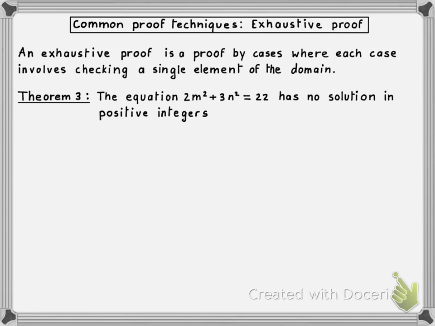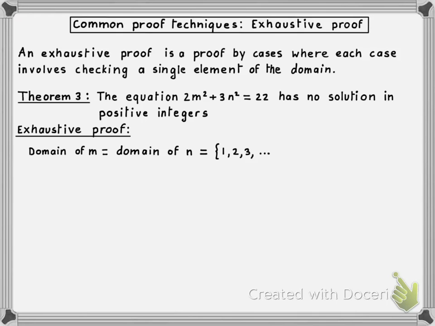So let's write an exhaustive proof for this theorem. Let's focus first on the domain or universe for the variables m and n. From the statement of the theorem, we can already reduce the domain to the set of positive integers, namely the integers starting from 1 and going up.